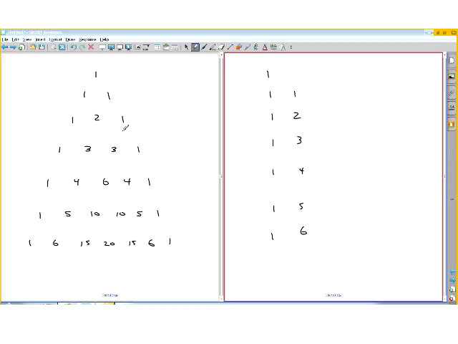And then the next, this diagonal becomes 1, 3, 6, 10, 15. This diagonal becomes 1, 4, 10, 20. This diagonal becomes 1, 5, 15. This diagonal becomes 1, 6, and then we have the final one. So we've kind of put it at a slightly different angle.